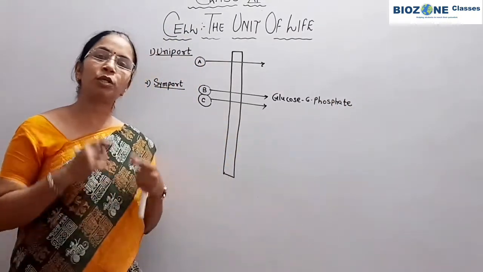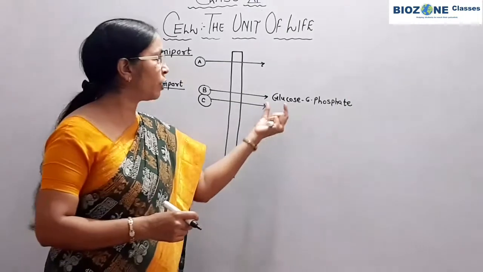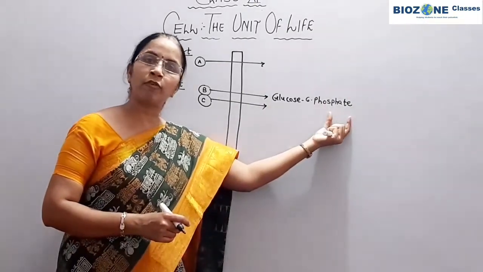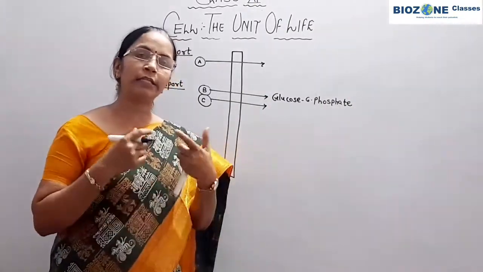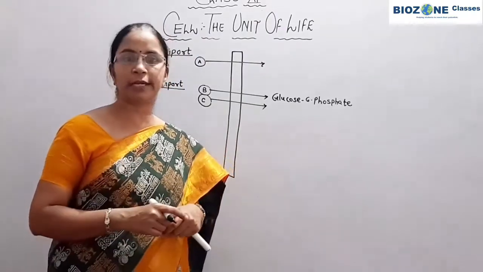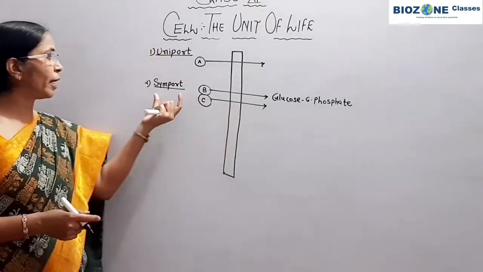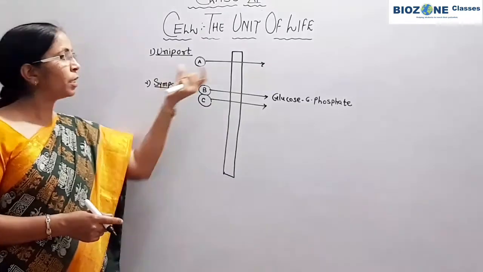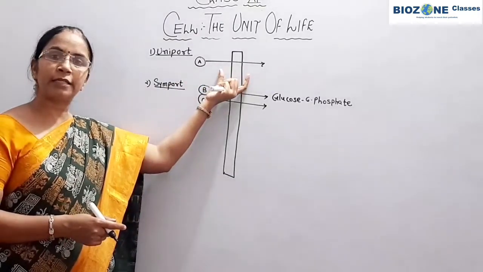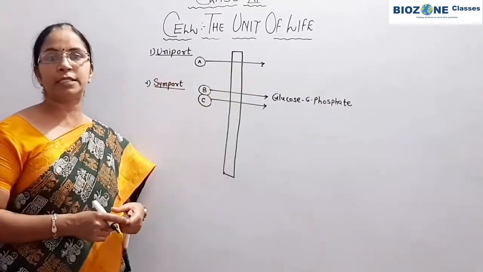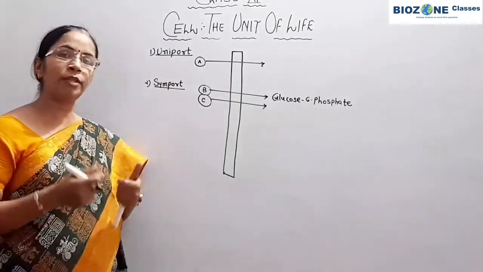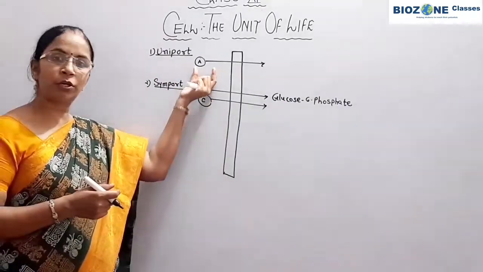So glucose, whenever it is transported, is always transported with the phosphate molecule either inside the cell or outside the cell. That is an example of symport. Transport of respiratory gases generally takes place in the same direction on their own, so it is an example of uniport.